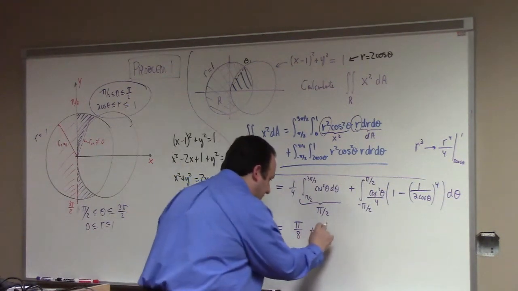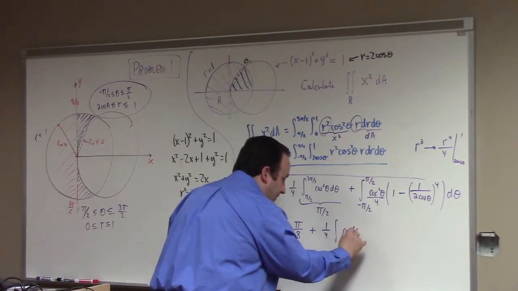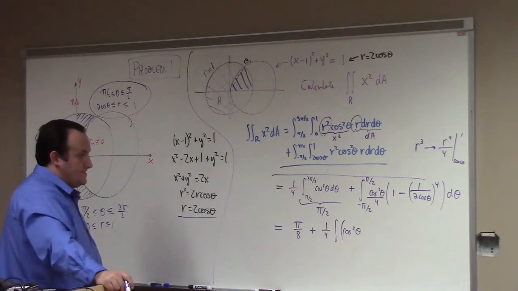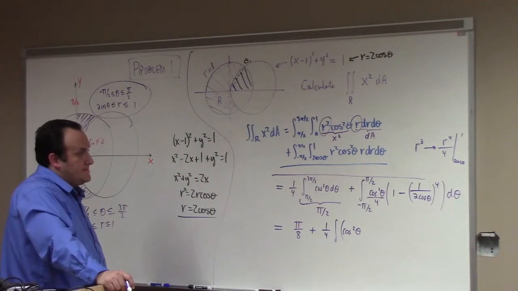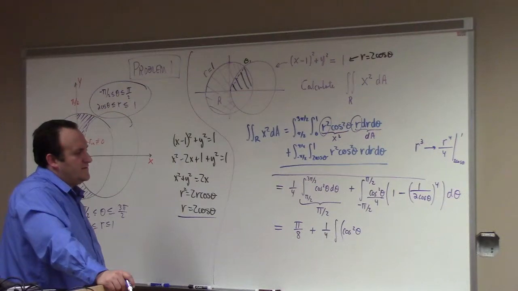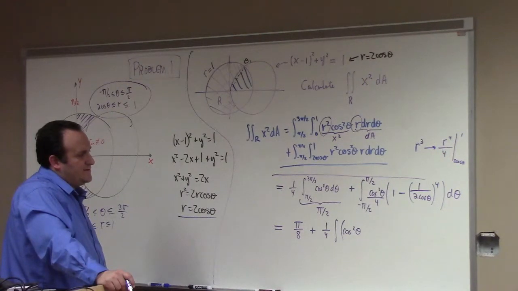So I've got 1/4 the integral of cosine squared theta. Yeah, what did I do? Why is it 1 over 2 cosine theta to the 4th? That's a really good question. I wish it was that, though, because if it was that, it would be ever so much nicer than what I'm about to write.